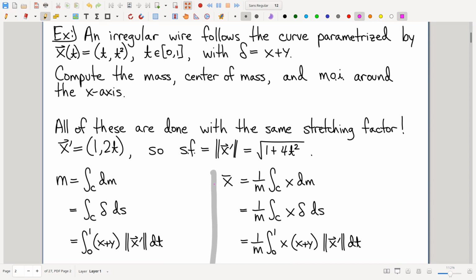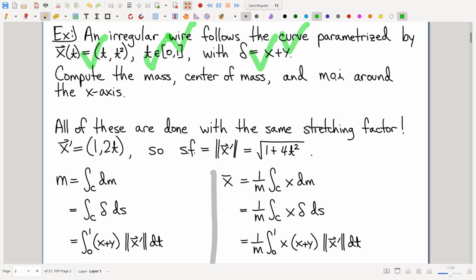Here's the good news. All 4 of these questions are about the same wire, which is following the same curve, using the same parameterization for the same range of values of t, over which density is distributed in exactly the same way.